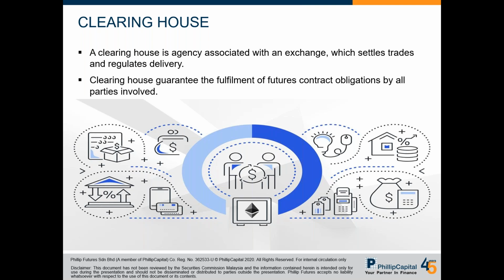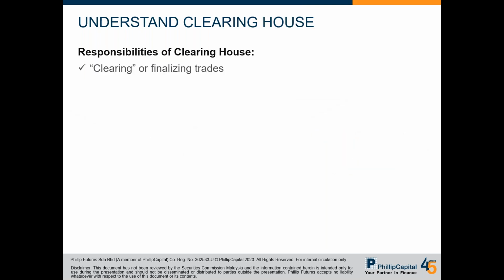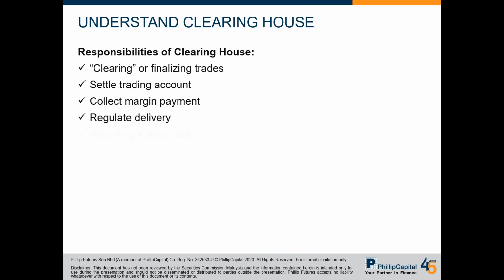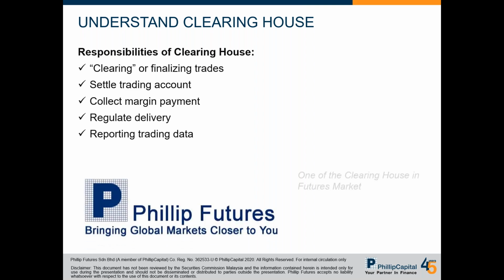It will validate and finalize the transactions, ensuring that both the buyer and the seller honor their contractual obligations. The responsibilities of the clearinghouse include clearing or finalizing the trades, settling the trading accounts, collecting margin payments, regulating the delivery, and reporting the trading data. And for your information, Phillip Futures is also one of the clearinghouses in the futures market.